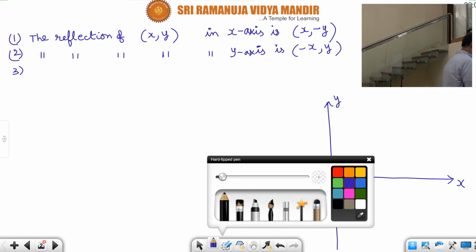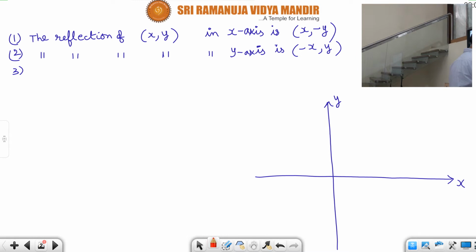So this line bisecting the angle between the coordinate axis passing through first quadrant and third quadrant. What is its equation? Angular bisector. X minus y equal to 0. Correct. X equal to y.